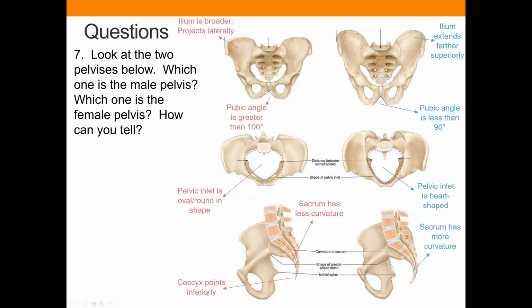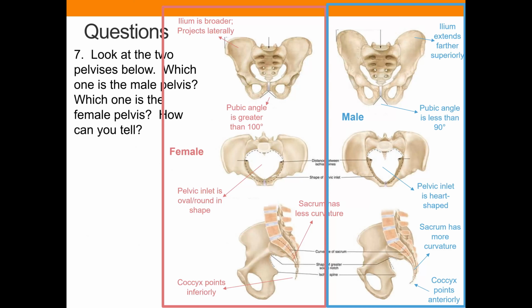We also see on the left side that the coccyx points inferiorly, whereas on the right side, the coccyx points anteriorly. All of that should allow you to tell which is the male pelvis and which is the female pelvis. If my color coding didn't already give it away, the pelvis on the left side is the female and the pelvis on the right side is the male pelvis.